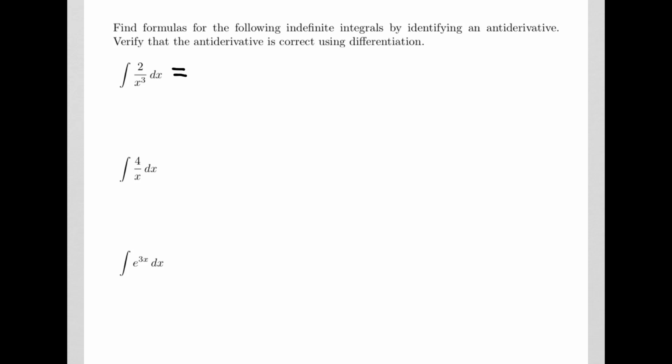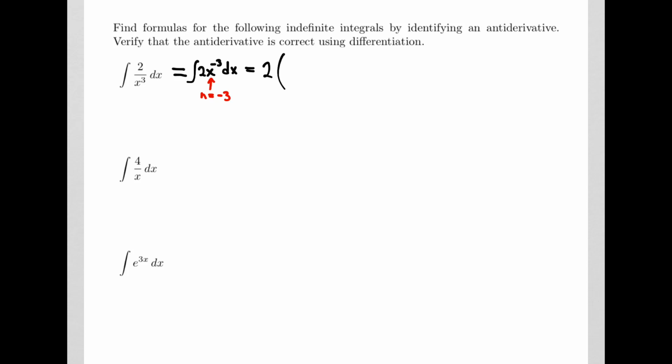Let's write this as an integral of 2 times x to the negative 3 power dx. So now I've got a power n equals negative 3, and I can use my power rule. I've got a constant 2.